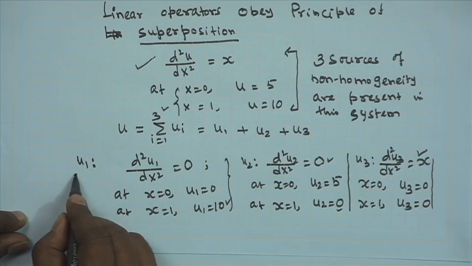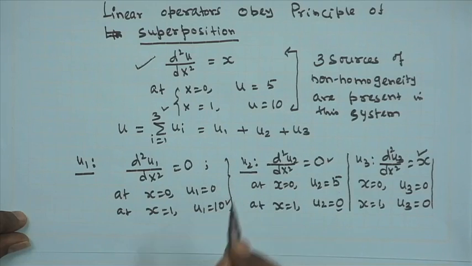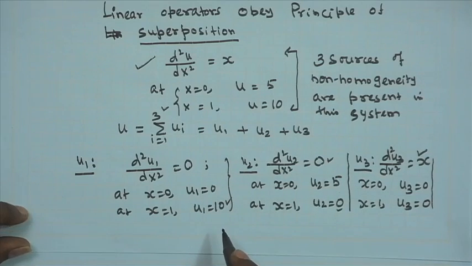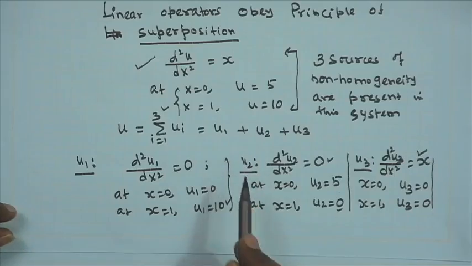So, this is my first sub problem, this is my second sub problem, this is my third sub problem. If I get the solution of these sub problems individually and then add them up linearly, that is, linearly superpose the solution of each sub problem, we will get the complete solution.